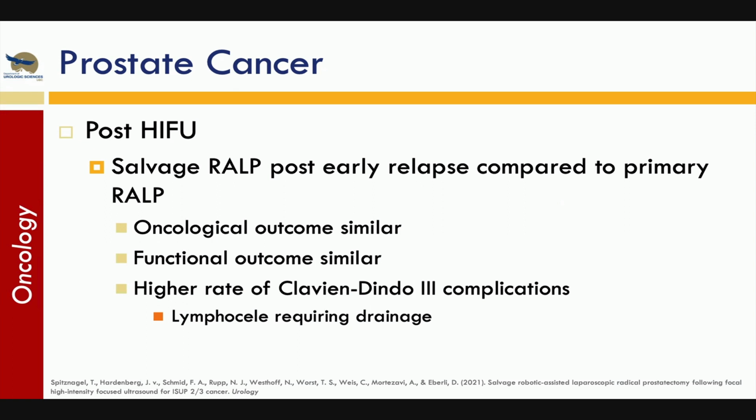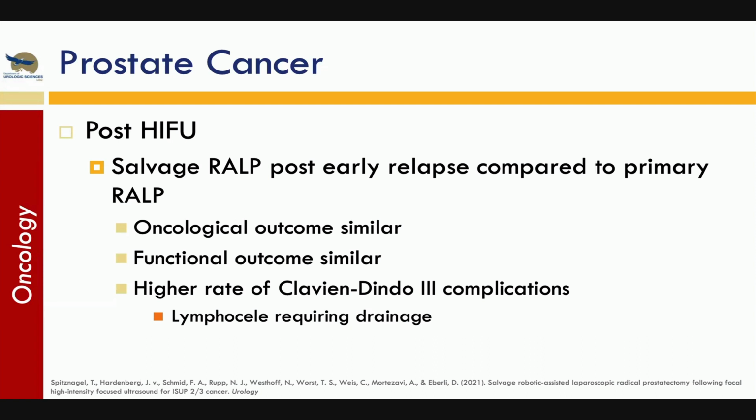And there is another study that looked at, okay, all these people who get HIFU, are they still going to do okay after they inevitably get some sort of salvage therapy? And what they found was, comparing a primary RALP versus a salvage RALP, you actually get a similar oncologic outcome and a functional outcome afterwards.